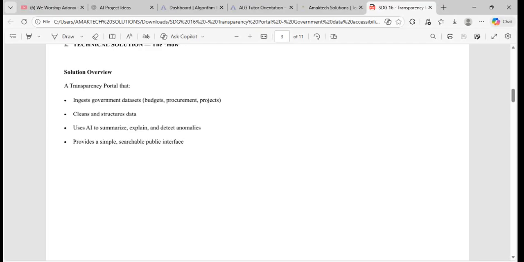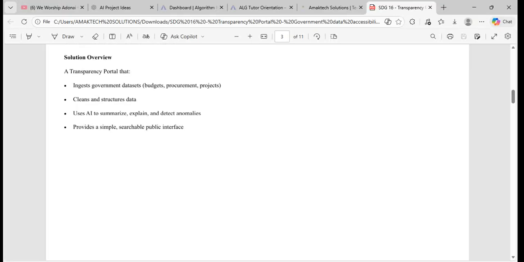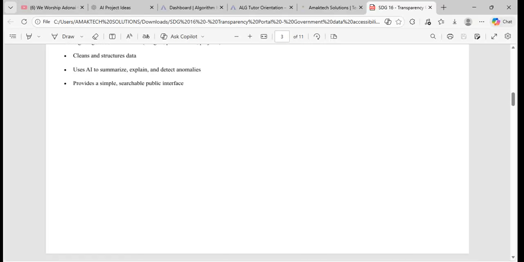It is also going to use AI to summarize and explain the data and to detect anomalies in government entities and in the data they provide. It provides a simple searchable public interface as well.